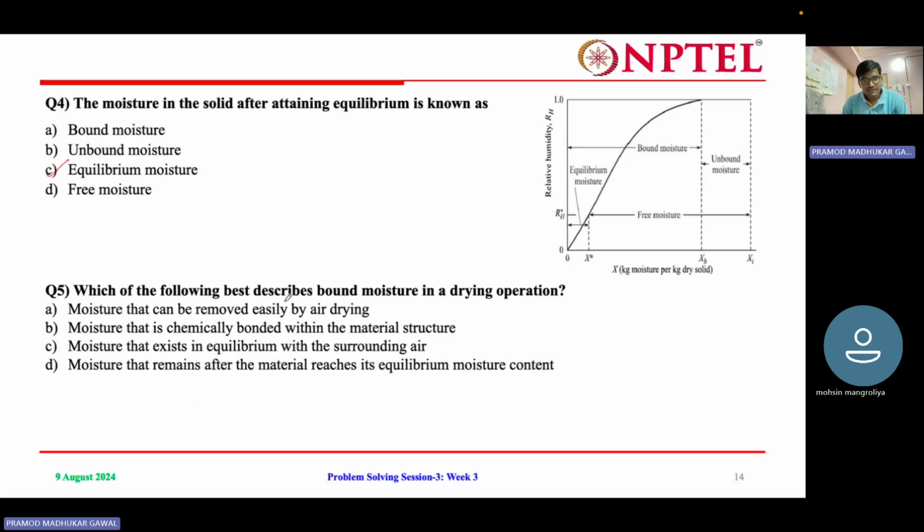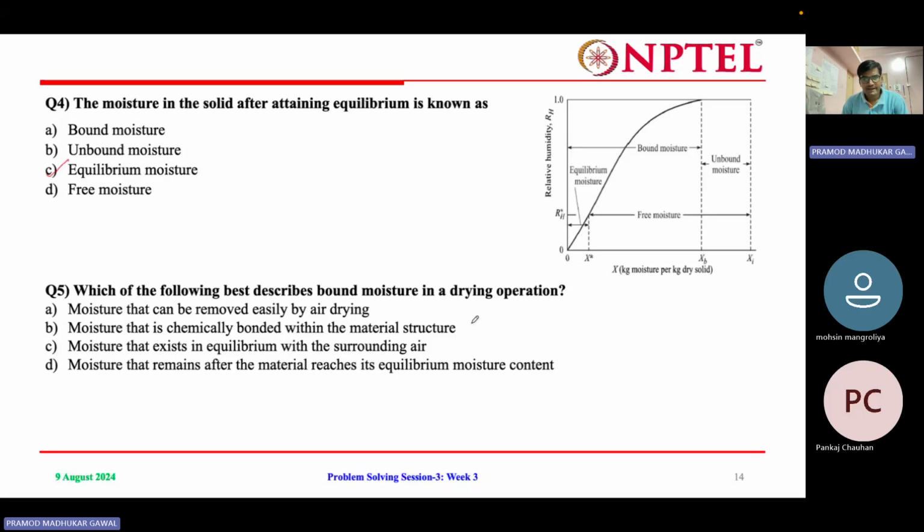Which of the following best describes the bound moisture in a drying operation? The options given: moisture that can be removed easily by air drying, and moisture that is chemically bonded with the chemical within the material structure. Option C: moisture that exists in equilibrium with the surrounding air. This is not possible, right?